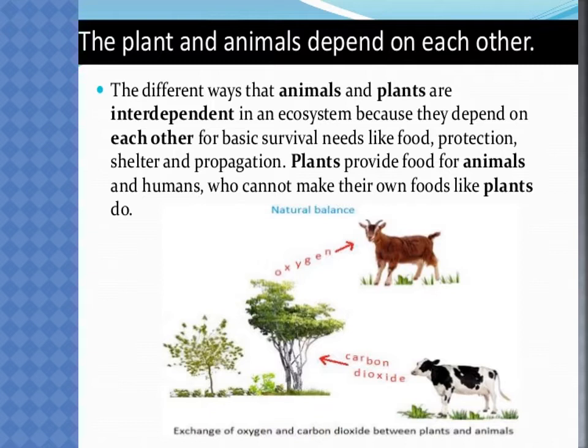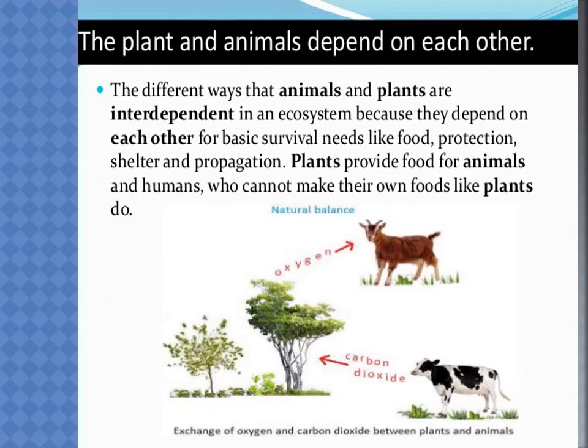Hence we see how the biotic elements, plants, animals and microorganisms, are interdependent upon each other. Microorganisms that decompose are bacteria and fungi.